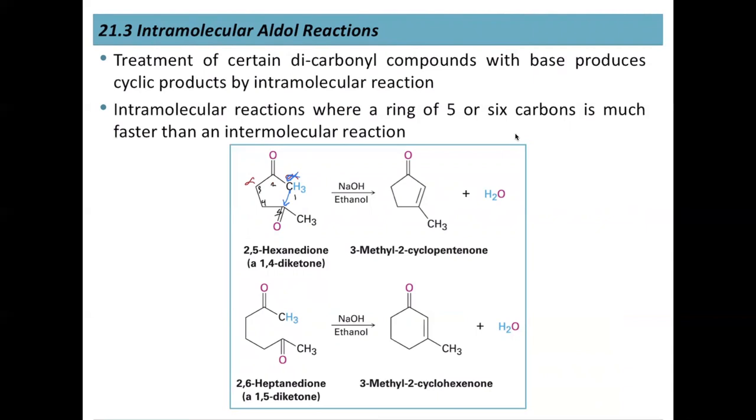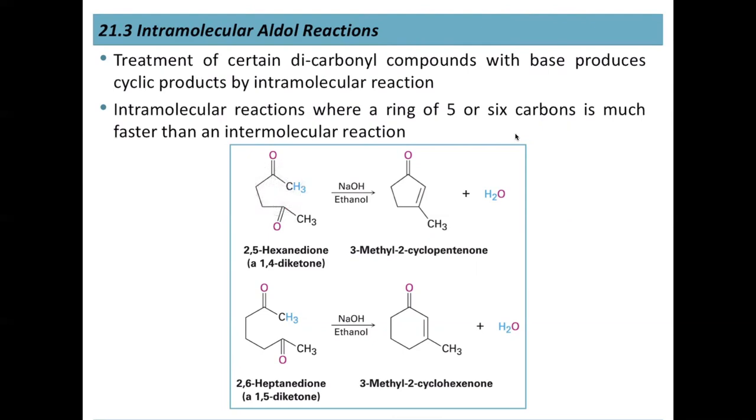And so 5 and 6-membered rings we can easily form. If I pull off the red hydrogens, and I count 1, 2, 3, we'd form a 3-membered ring, which isn't going to be very favorable.